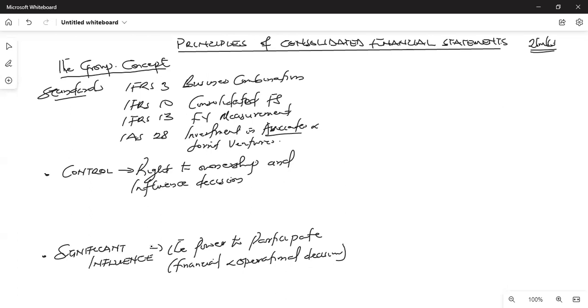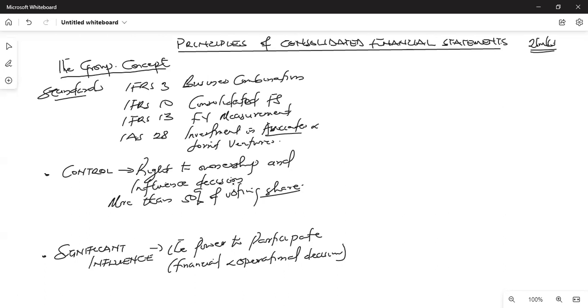Now, in terms of consolidation, if anybody has control, we are looking at more than 50% of the voting shares. And don't forget, a share is a unit of equity ownership in an entity, which means that every share is supposed to have a vote, and if somebody has more than 50%, the person will vote more than 50 times.